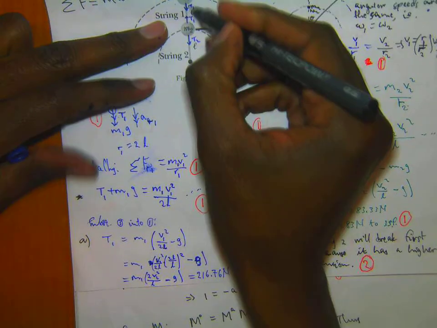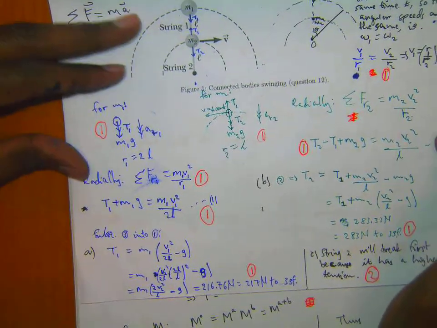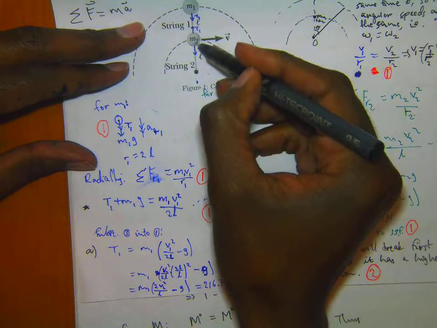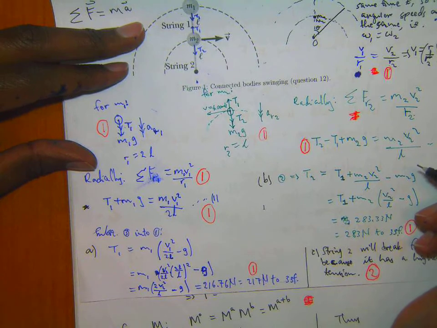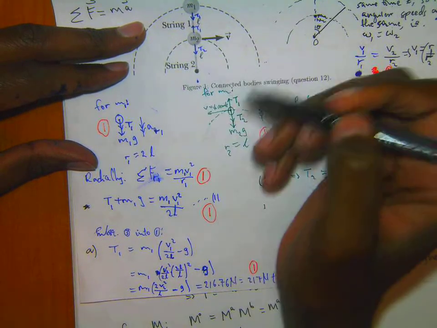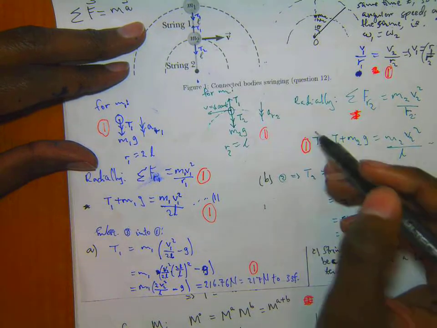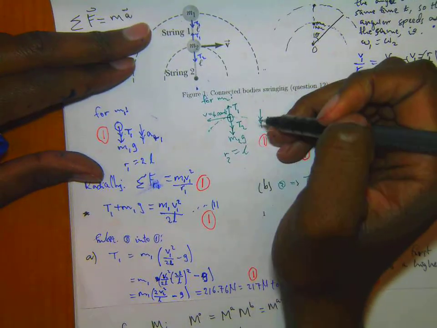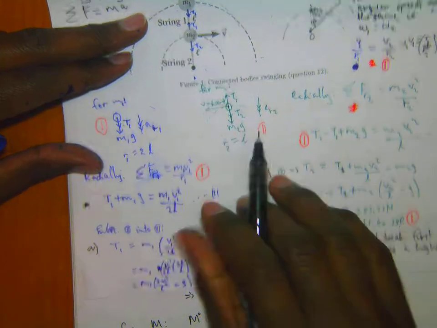But now, what is R1 and what is R2? What is the radius for M2? It's just L, which is 0.5 meters. What is R1? It's 2L, which is 1 meter.